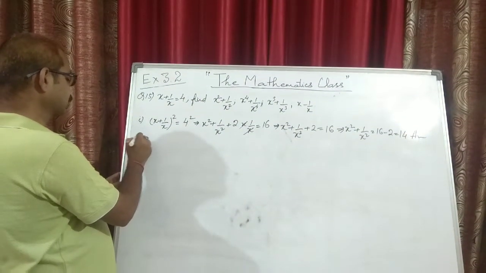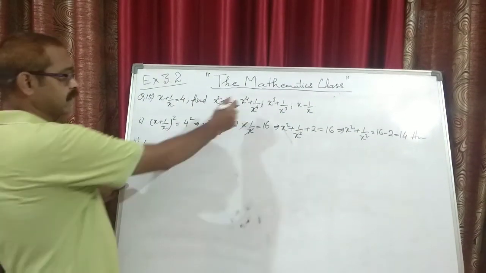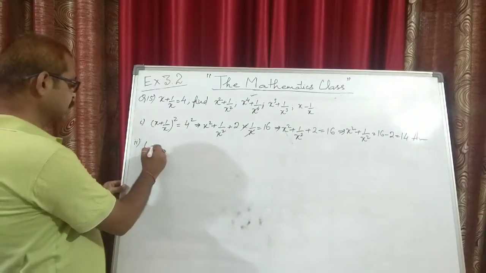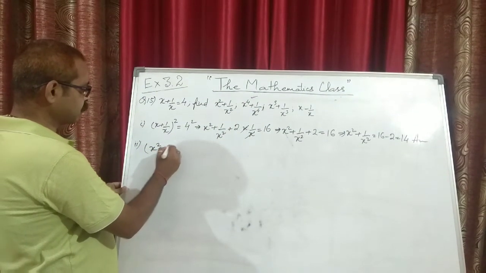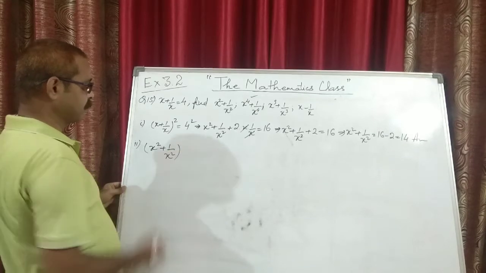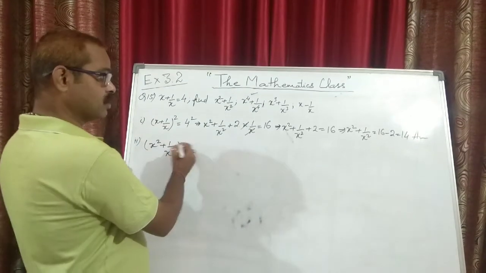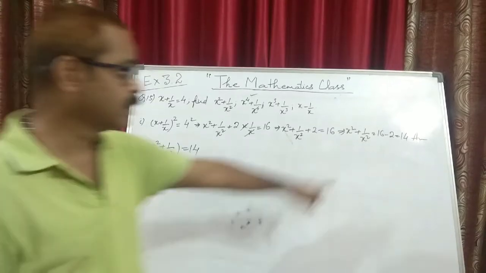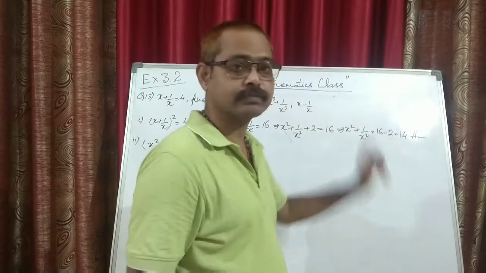Second part, we have to find x to the power 4 plus 1 upon x to the power 4. It means if we take x square plus 1 upon x square, that is equal to 14. This we have already calculated in the first part.